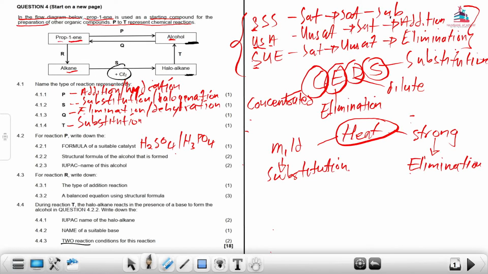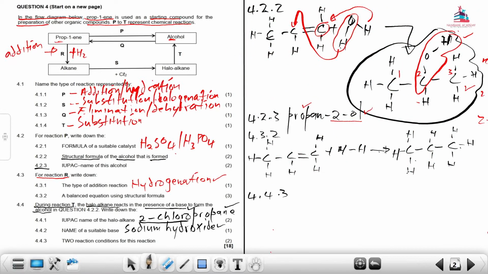That is now condition number one. Condition number two, in terms of heat, it is going to be mild heat. It's easy because now you have everything in front of you. It is just a question of where do I start and what is it that I am looking for. So I'm going to write here, one is to have dilute strong base.